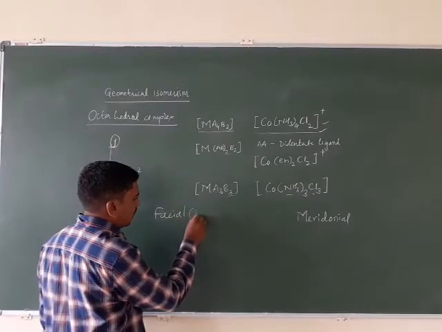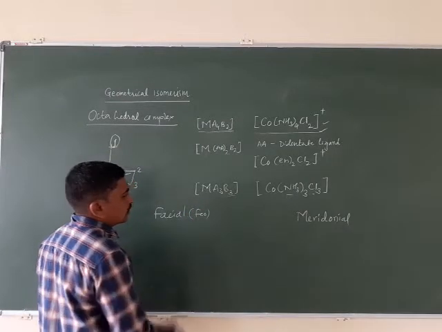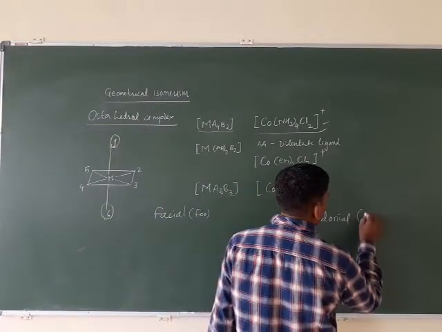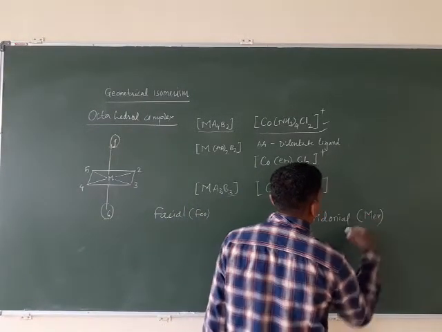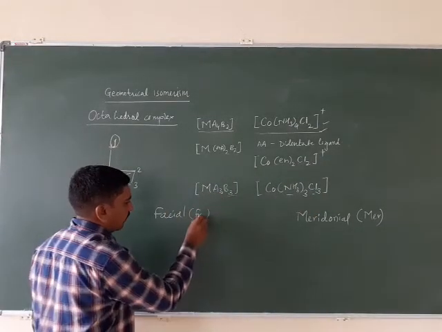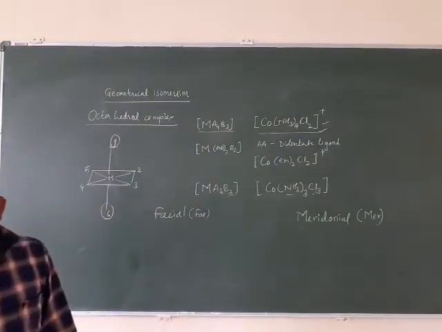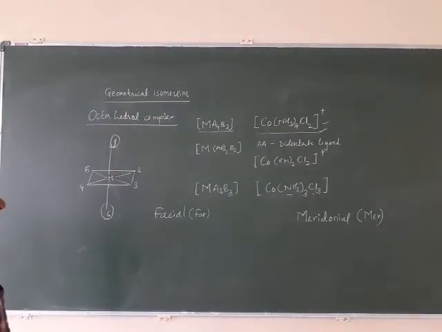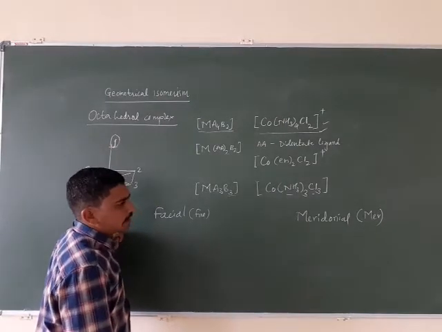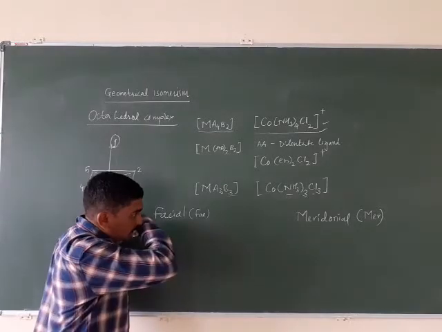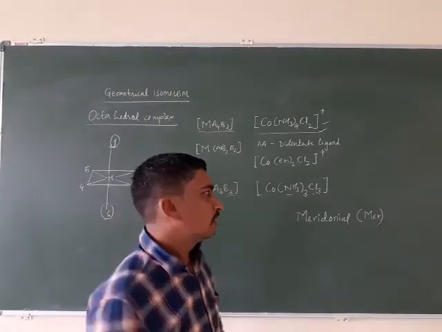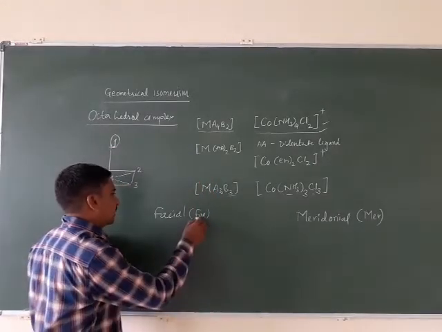This is also named as fac, and this one is mer isomer. Whenever there is fac and mer, it suggests the arrangement of identical ligands.